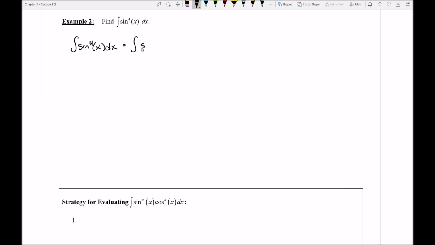I think I can rewrite this as a sine squared of x times another sine squared of x. And I'm going to attempt to use some blue identities to make these replacements. So in place of the first sine squared, I can put a 1/2 times 1 minus a cosine 2x, and I can do the exact same thing for my other sine squared.